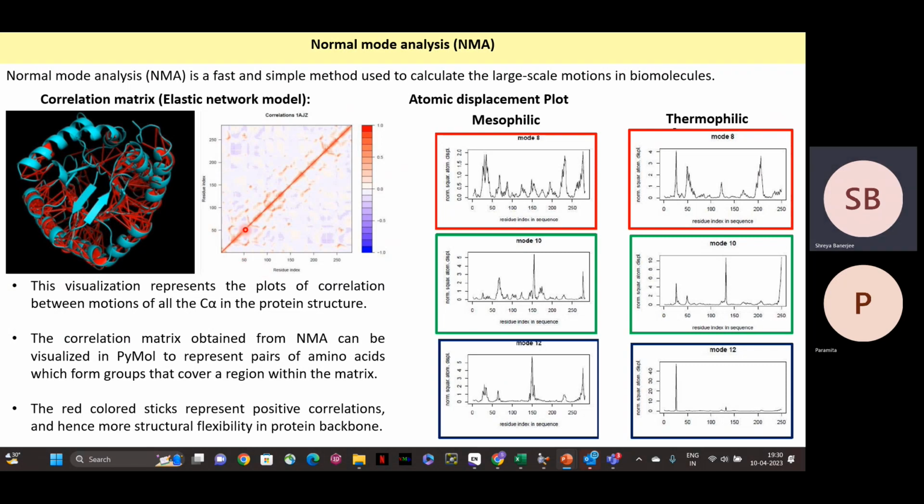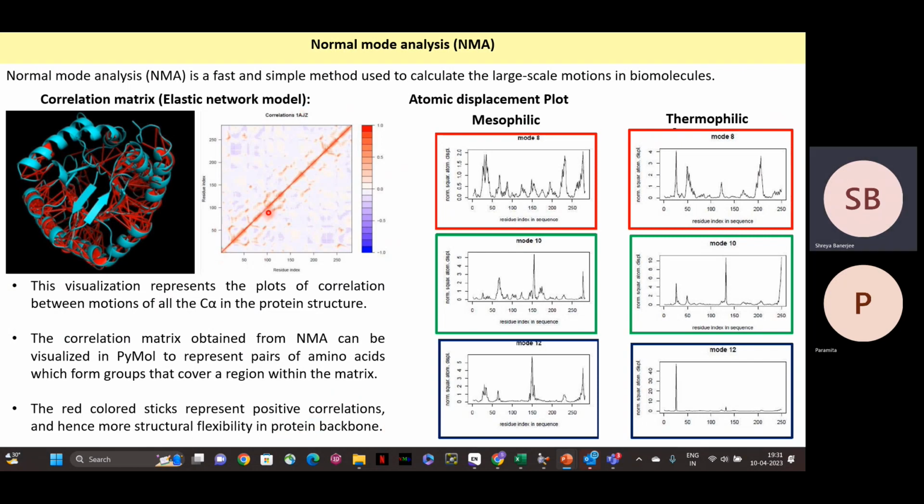So say residue 50 in the initial structure is corresponding with residue 50 in the structure after 100 nanoseconds. That means these residues are correlated, and so they are moving at the same time. So there is structural flexibility in the protein backbone.